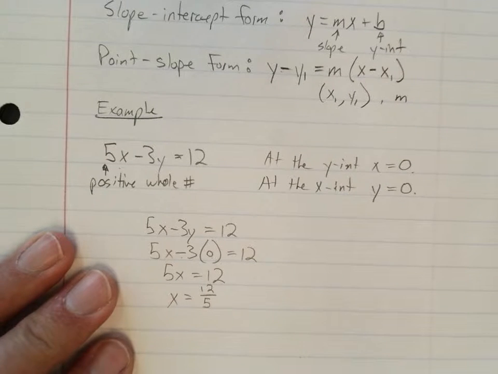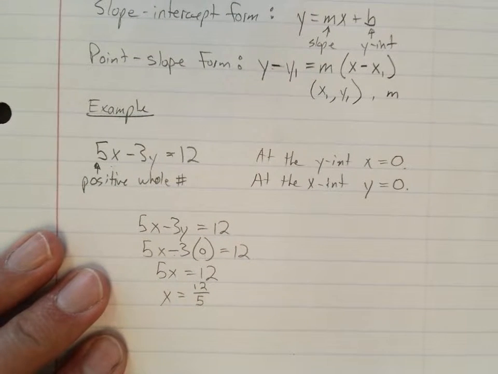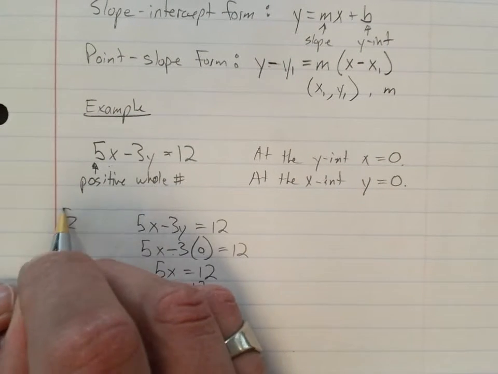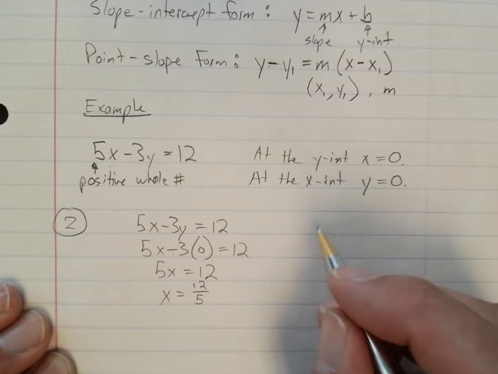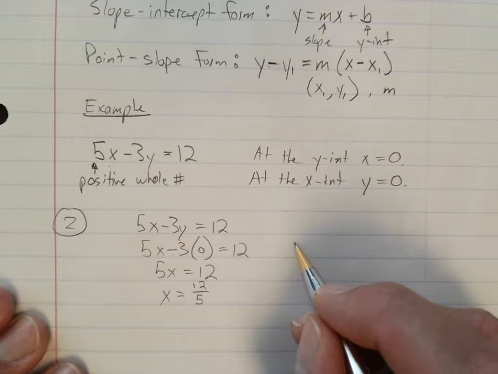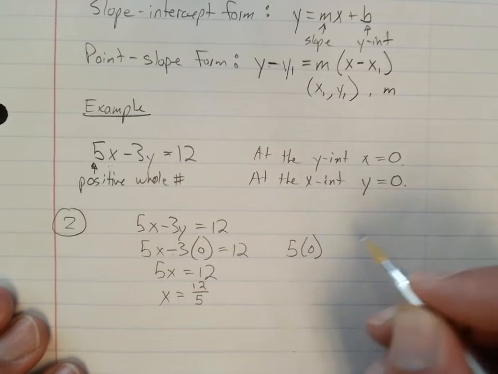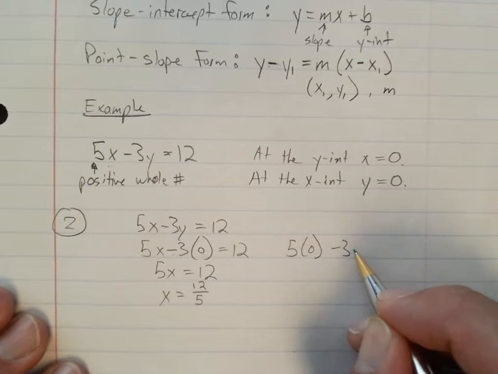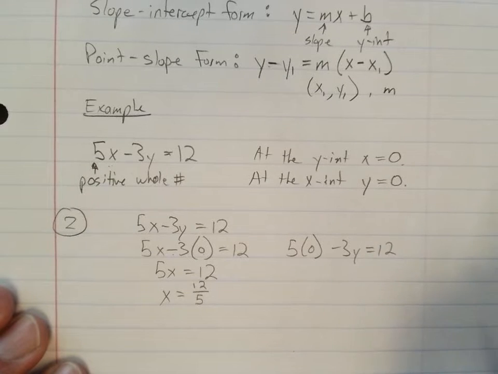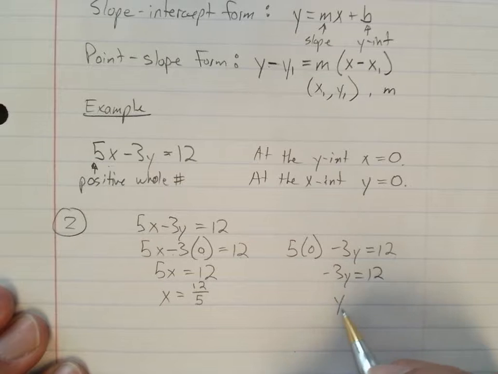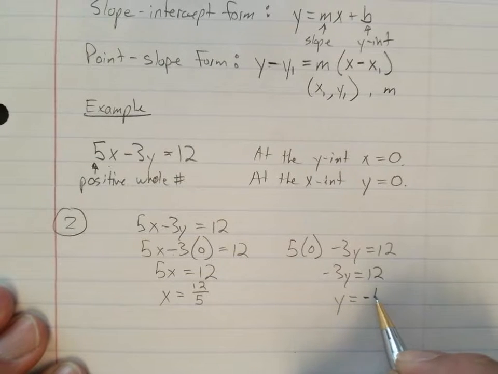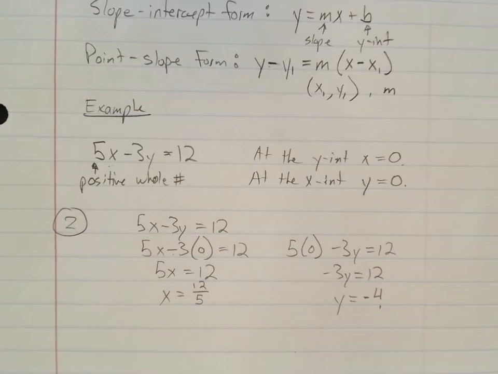So my x-intercept is at 12 fifths. And this is number 2 from our in-class work. And then to find the y-intercept, that means x has to be 0. Minus 3y equals 12. So this is now negative 3y equals 12, so that y is going to equal negative 4. So that would be the y-intercept.